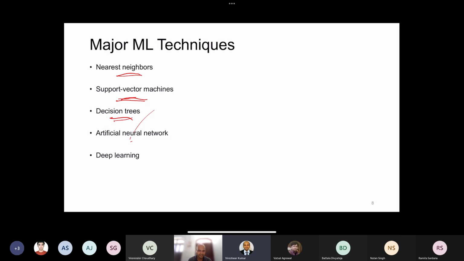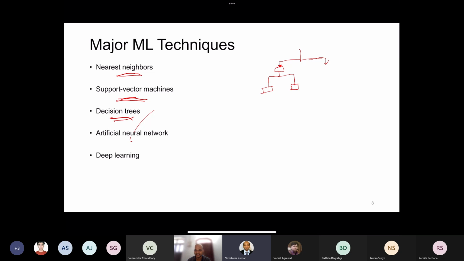Then there could be a simple decision tree as well. So a decision tree will be whether this pixel value is, let's say, red or blue. Then if it is red, you again make a decision whether the pixel value is dark red or light red.